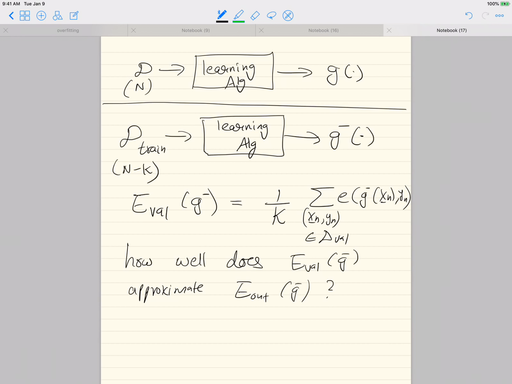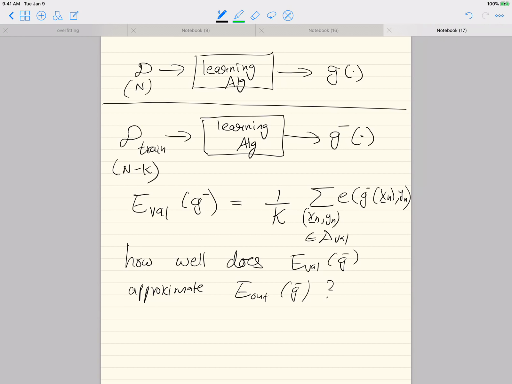So imagine all the data points are generated IID from the same distribution Px. That is our working assumption. Like in chapter 2, we said that D consists of n points, x1, x2 up to xn, all sampled IID from the same distribution Px. When we do the test, we are generating a random data point from the same distribution and then taking the expectation.